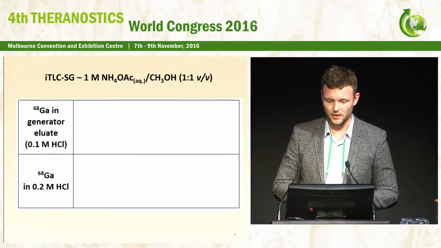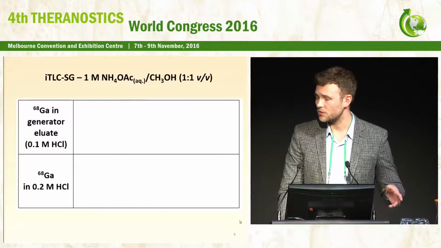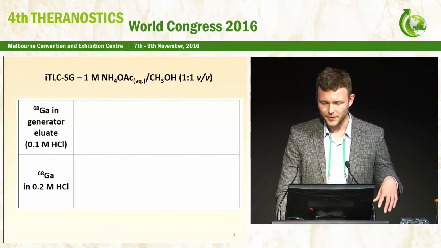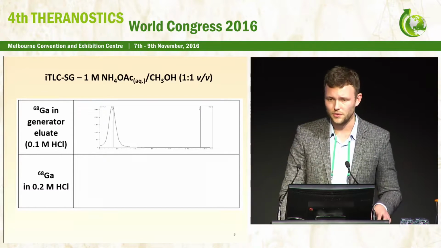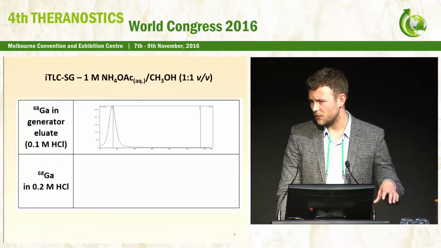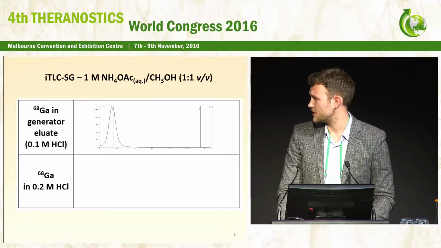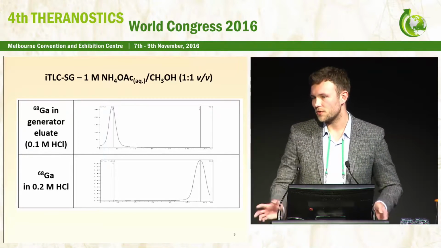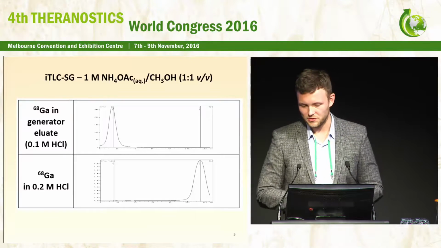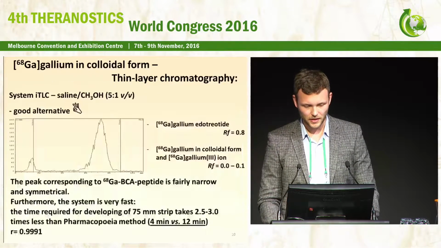For example, if you put the stock solution of the gallium generator eluate in this system, we will see the main signal at the origin of the chromatogram. But if we use gallium in a slightly higher concentration of HCl, 0.2, the gallium will move. But of course, in your radiopharmaceutical preparation this cannot happen because of the pH range.